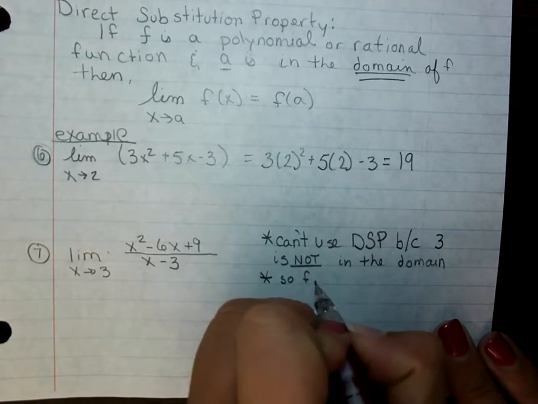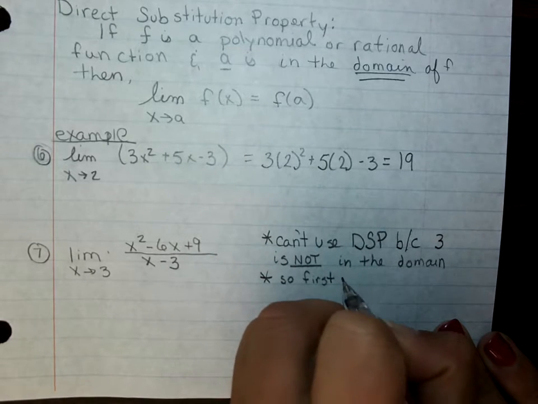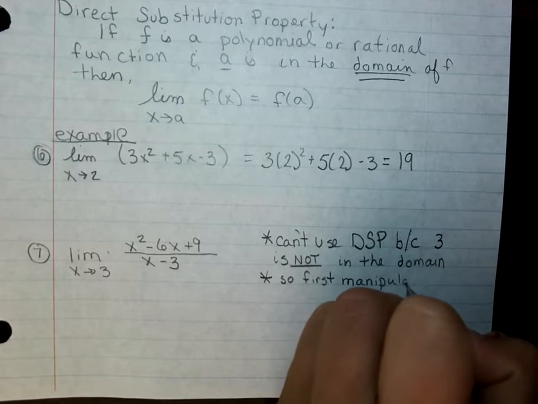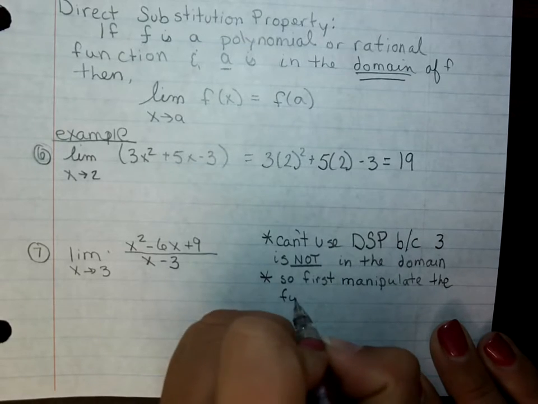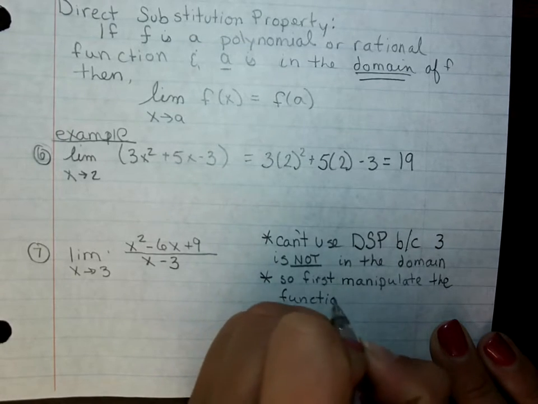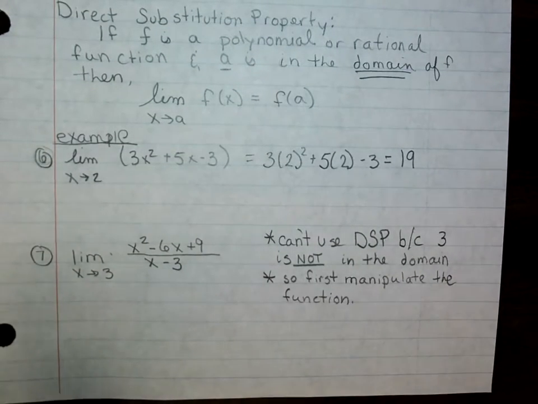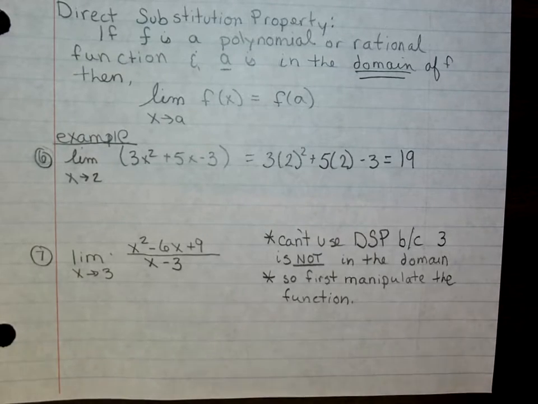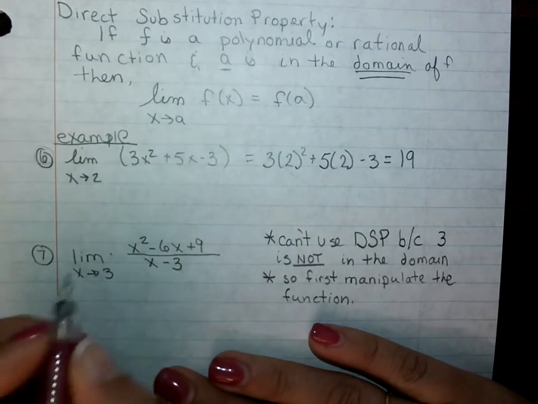We are going to first manipulate the function. Remember, we're looking at the limit as I approach 3. I'm not asking what is the function when x equals 3. I'm asking what is the limit as I approach 3. So what I could do here is maybe factor my numerator.